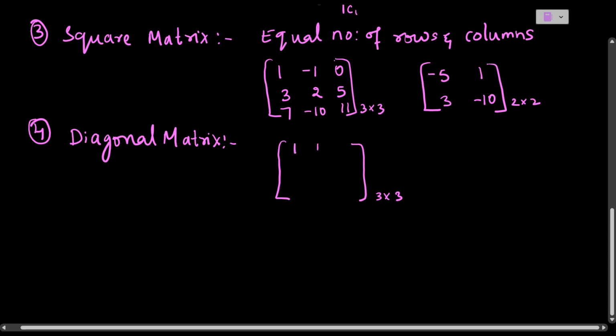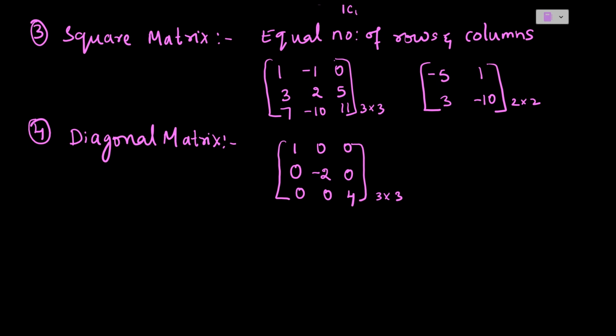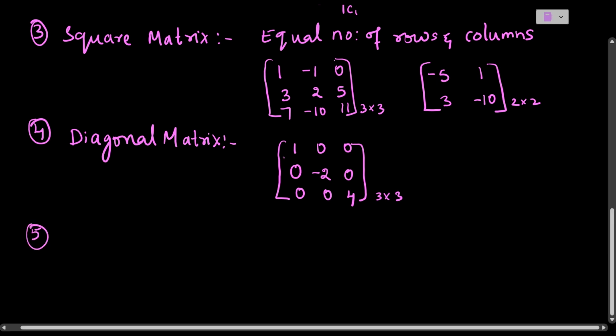It has the elements only diagonally, and all the remaining elements are zeros. Did you understand, students? Diagonal matrix means it is a square matrix and it will have only the diagonal elements. The numbers will not be the same here, and all other elements are zeros. Understood?